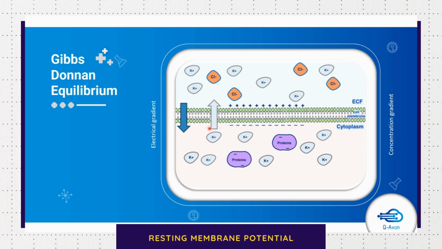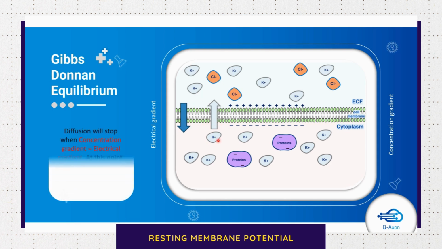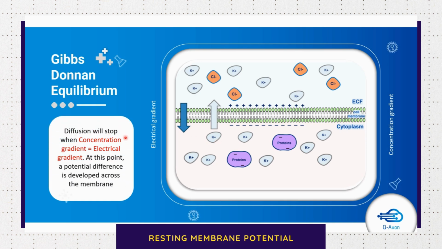Then there will be no net movement of potassium ions, and diffusion will stop when the concentration gradient becomes equal to the electrical gradient. At this point, a potential difference is developed across the membrane with positivity outside and negativity inside. And this is the potential which we call the resting membrane potential.